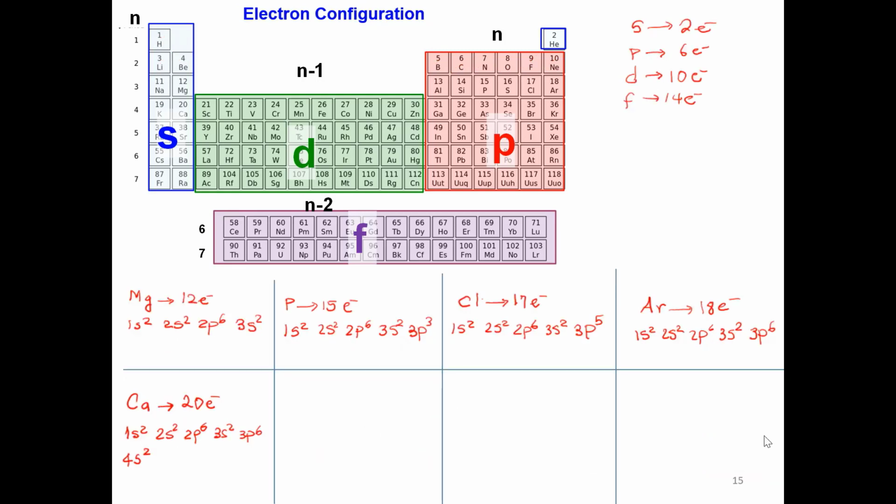Now let's try titanium, and we will write titanium here on one side. And for titanium, we had 22 electrons. And we will follow the same procedure. And we had 1s2.